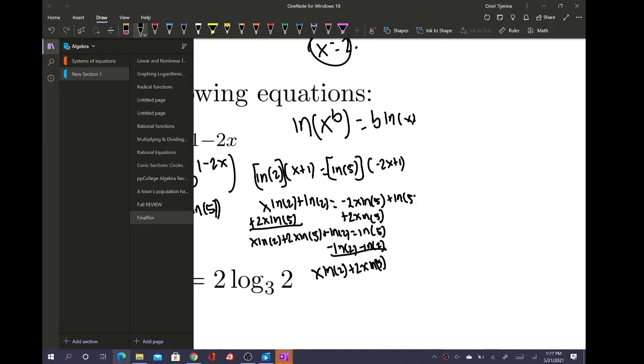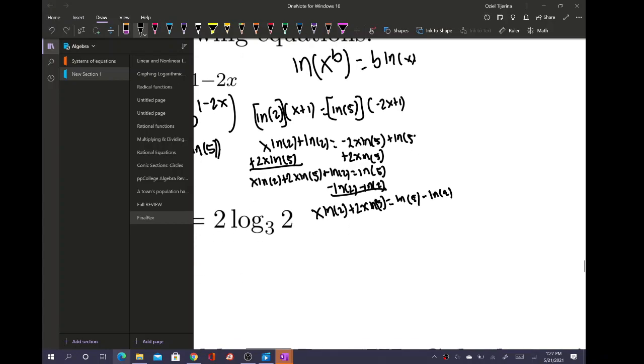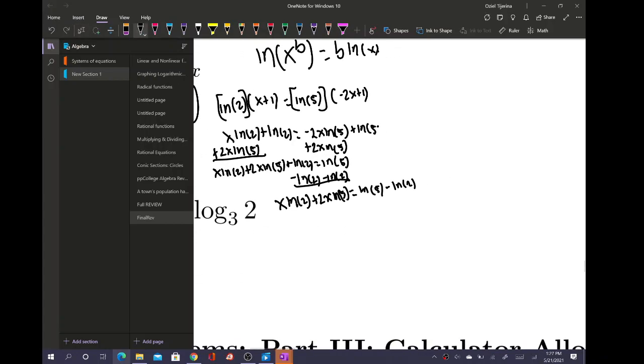Ln and natural log are the same thing, by the way. Equals natural log of 5 minus the natural log of 2. And then you factor out the x, so x times (the natural log of 2 plus 2 natural log of 5) equals the natural log of 5 minus the natural log of 2.